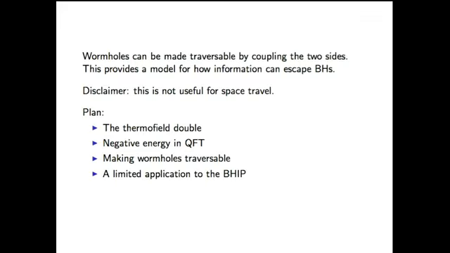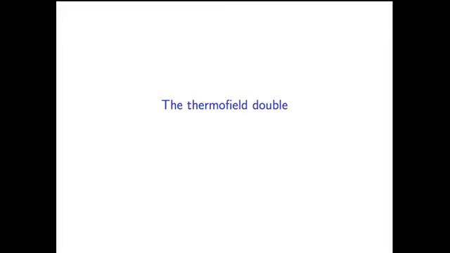Okay, we're talking about wormholes. And I'm going to start by reviewing some properties of a very simple wormhole, which is sometimes called the thermofield double black hole. This is the Penrose diagram for the maximally extended AdS Schwarzschild black hole. So this is a normal black hole in anti-de Sitter space.